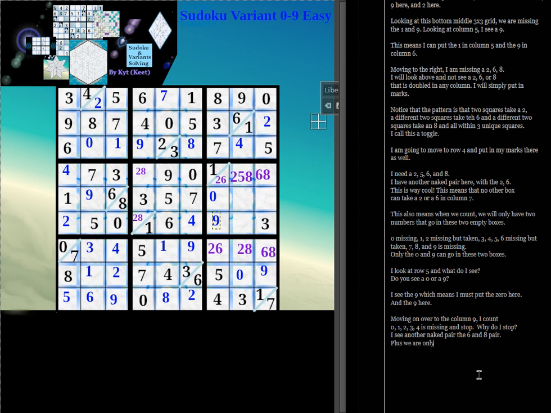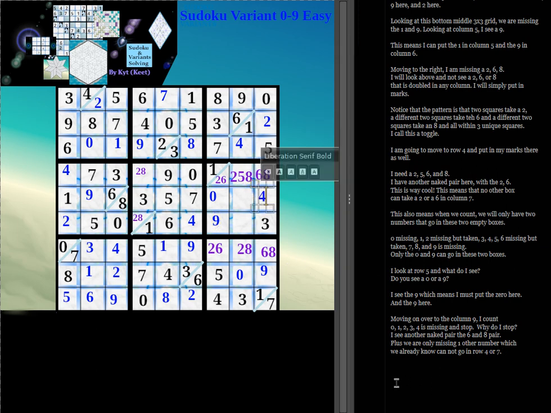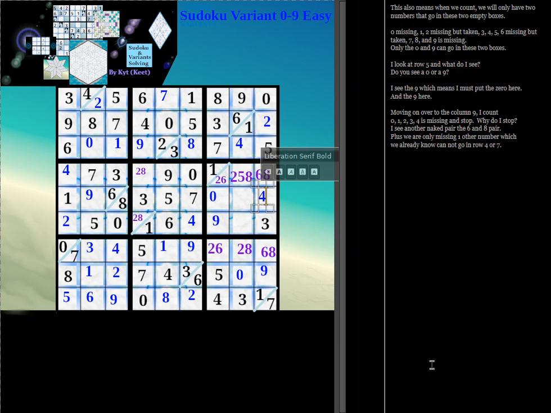Plus, we are only missing one other number, which we already know cannot go in row 4 or 7. I put in the 4 and move on.